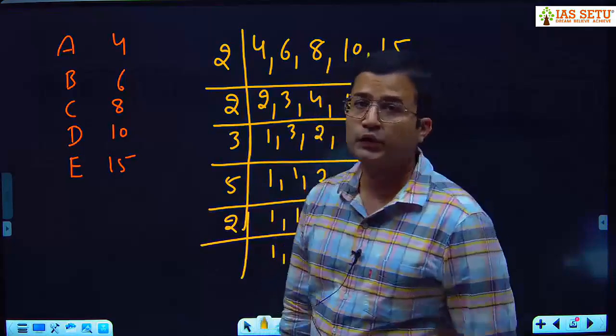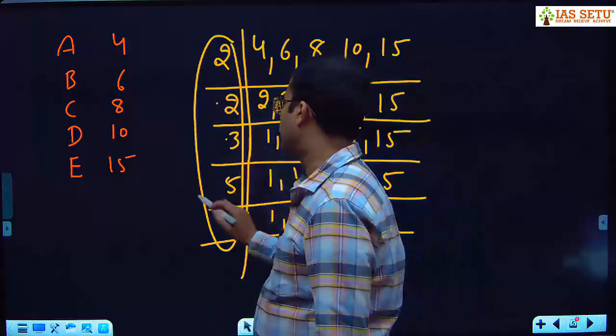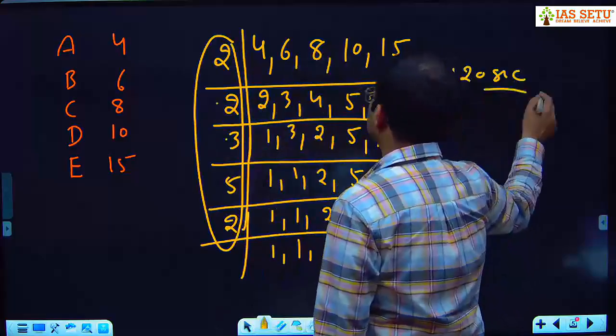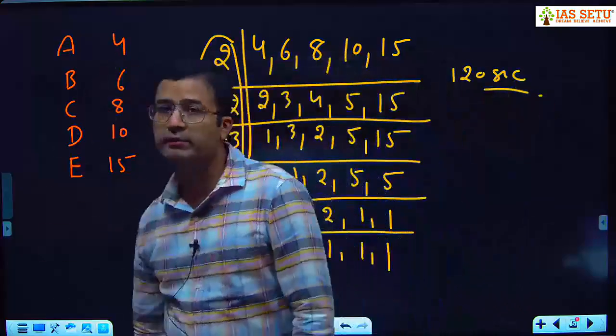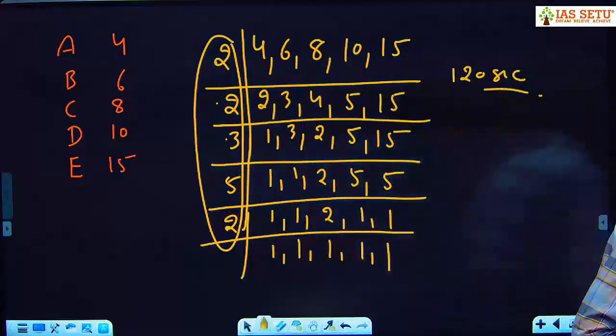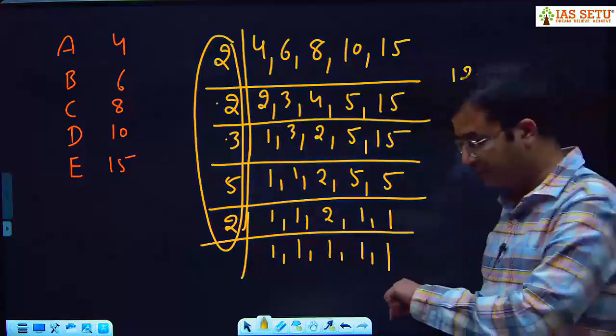So here we take LCM: 2 into 2, 4, 12, 60, 120. So it means 120 seconds is the time where bells A, B, C, D, E all toll together.